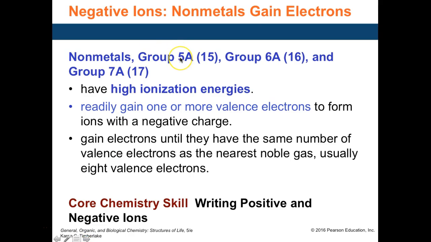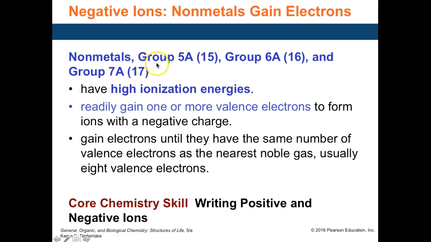So nonmetals, we're only looking at those nonmetals in 5A, 6A, and 7A. And these are the nonmetals that form negative ions. These negative ions are also referred to as anions.